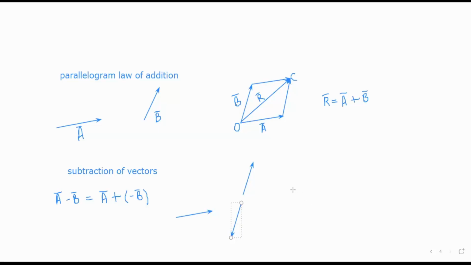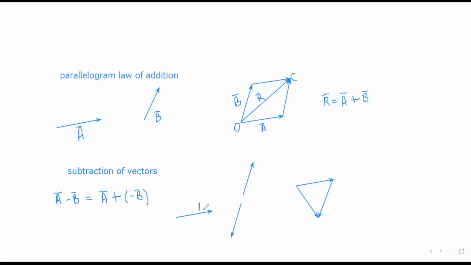I'm using the triangle law of addition for this purpose. The triangle law of addition says we will draw A, and we will shift minus B in such a way that the tail of minus B coincides with the head of A. That is, we will shift like this, and then we will add these two. We will join these two points.